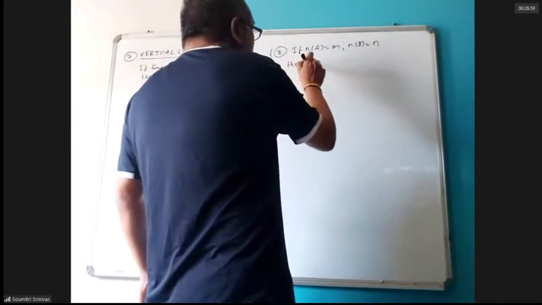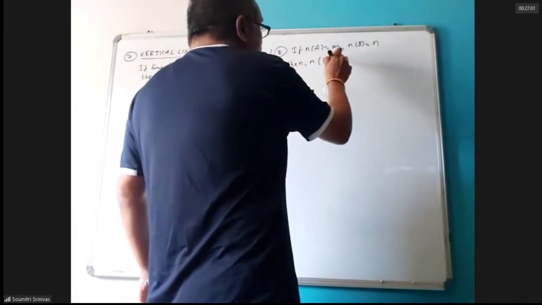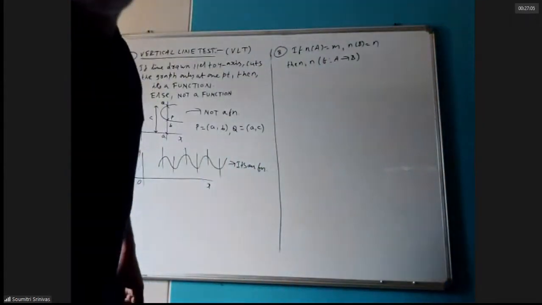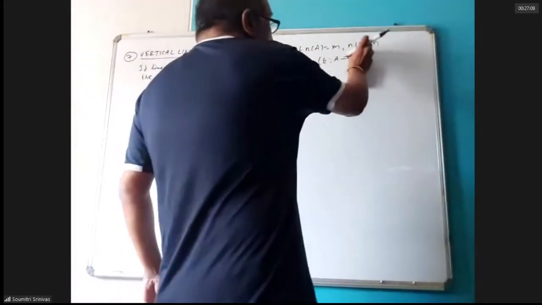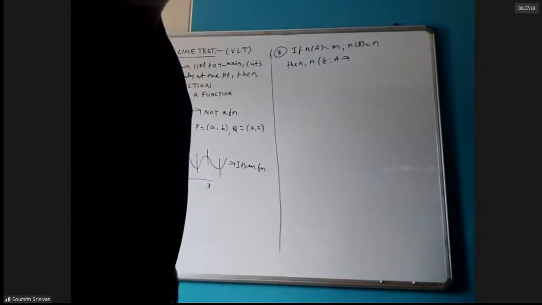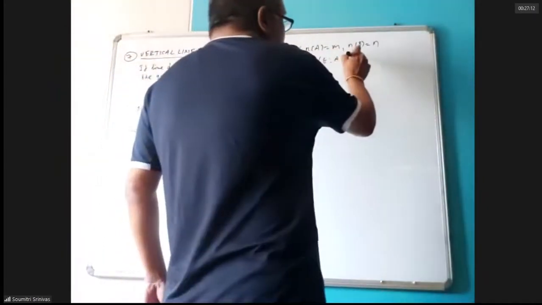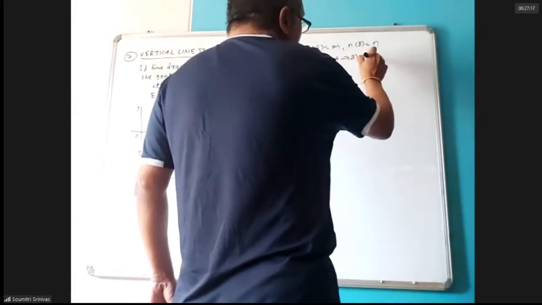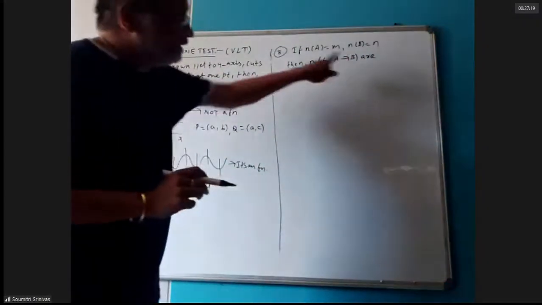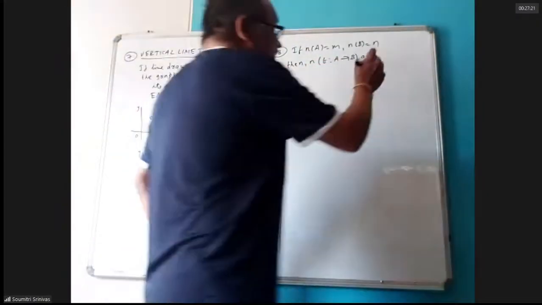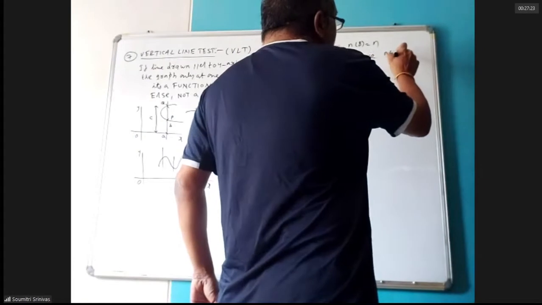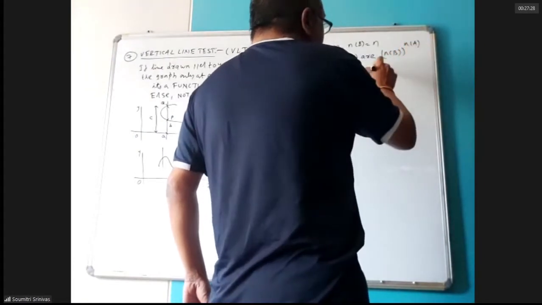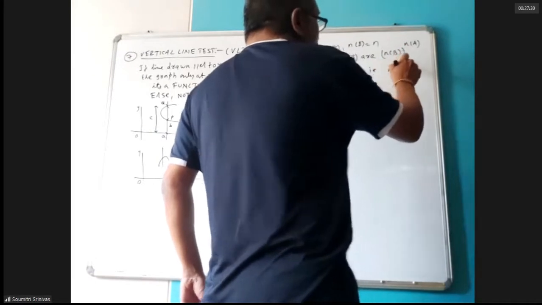Then n of f from A to B. What does this mean? Number of functions from set A to set B are n of B power n of A, that is n power m.